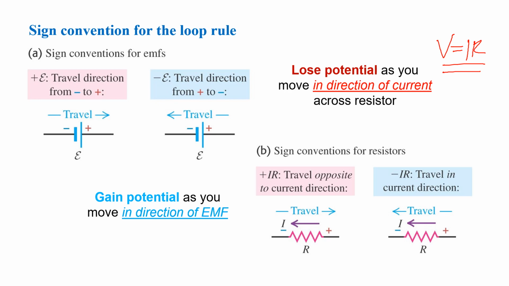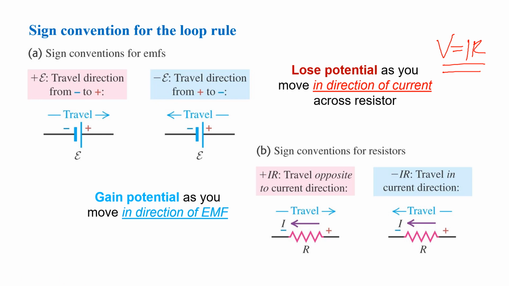This is the sign convention for your resistors. You have positive IR if you travel opposite to the current direction. For example, here the current direction is to the left, and you travel in your loop in the opposite direction to your current direction. Then this is a positive one.